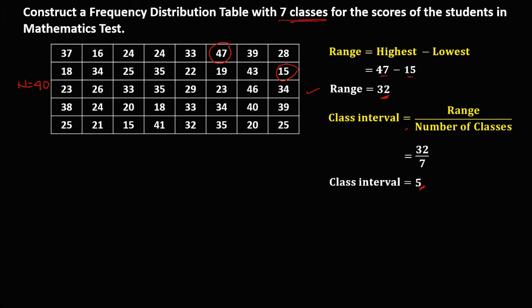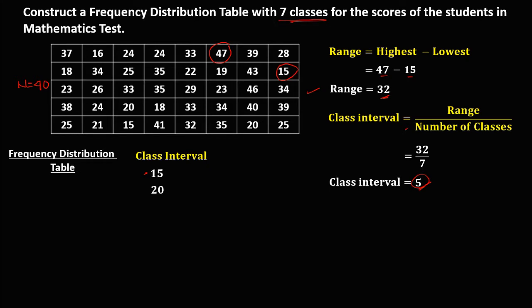After solving for the class interval, we can construct the frequency distribution table. Start with the class interval. You need to put first the lowest score, and since the lowest score is 15, 15 is in the first class. For the second class, since the class interval is 5, 15 plus 5 is 20.